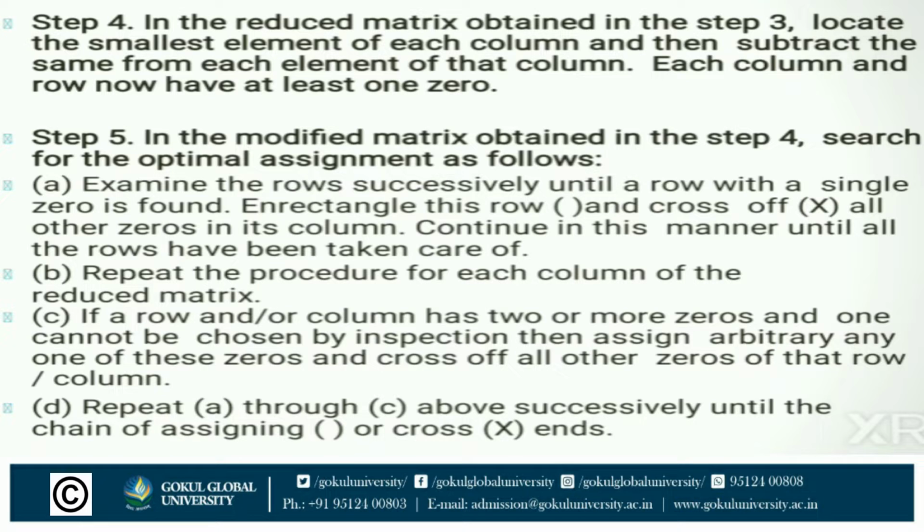Third, if a row or column has two or more zeros, then we cannot choose a particular one; assign an arbitrary zero and cross out the others. And then repeat the first and second steps above successively until the chain of assigning or crossing out ends.